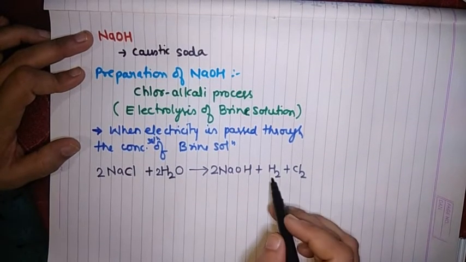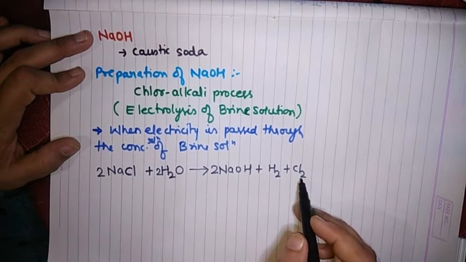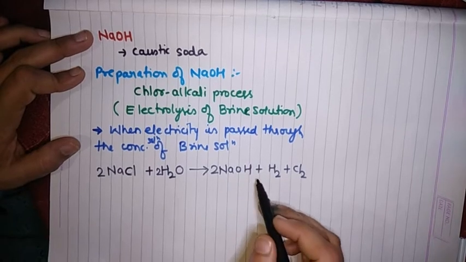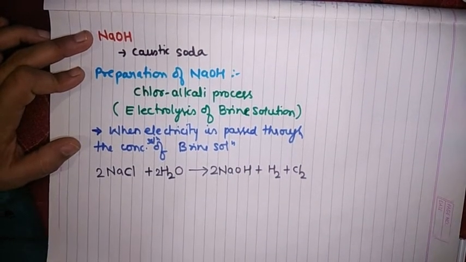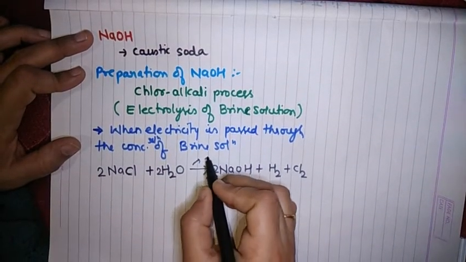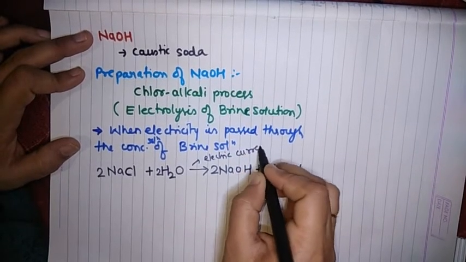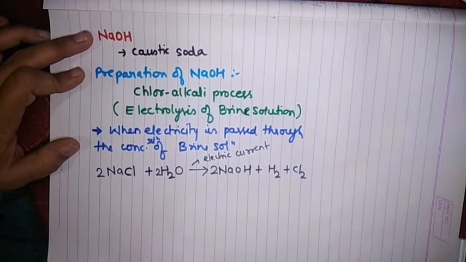That means you will be getting two types of gases here, that is hydrogen gas and chlorine gas, and one product, that is your sodium hydroxide. How is it happening? It is happening when you provide electric current to this solution. Normally this won't occur. You have to provide the electric current, then only it will take place.